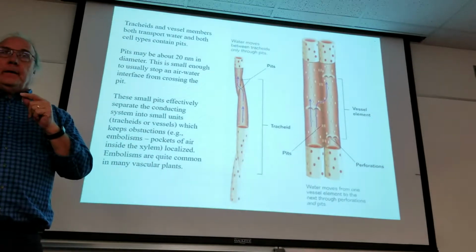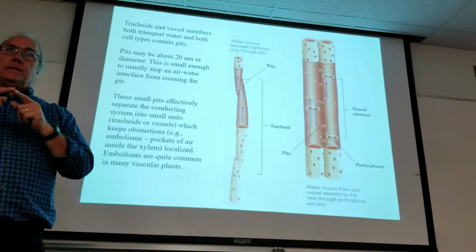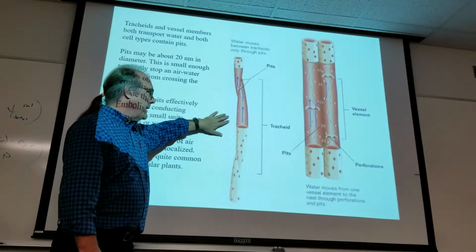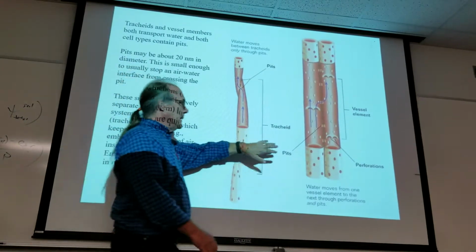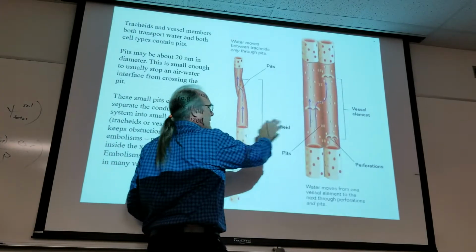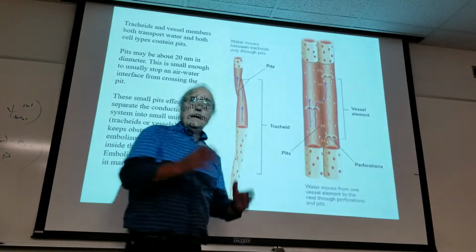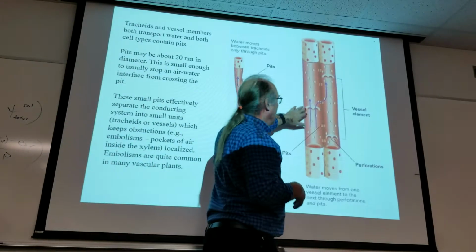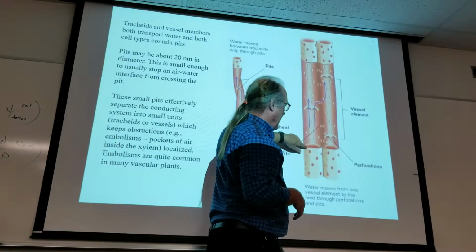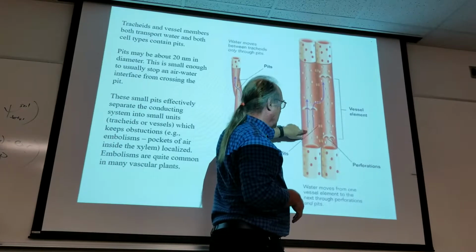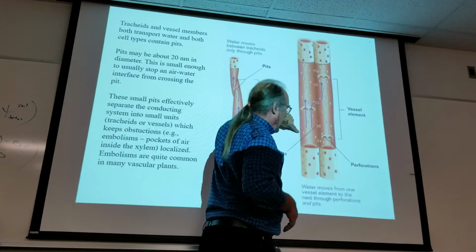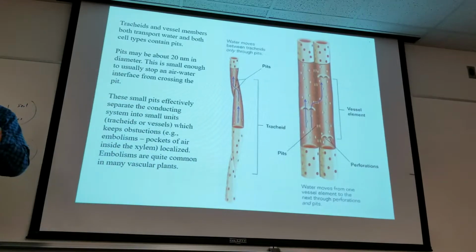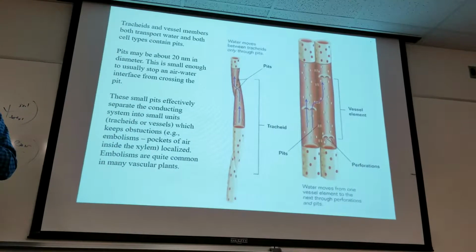So these embolisms tend to form when the difference in pressure between outside the vessel and inside the vessel gets large enough. So for whatever reason, maybe there's a break, maybe there's a crack, maybe just one of these pits is really big, and that air-water interface can form and push its way in.